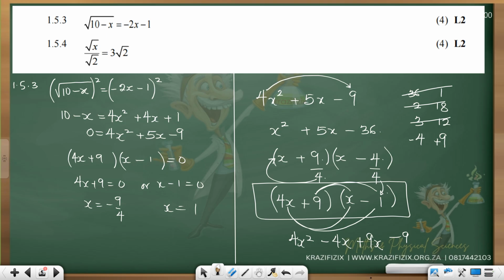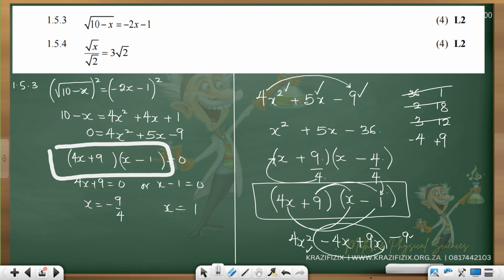Minus 9. Beautiful. Now, do you notice that these are like terms, right? Yes. What is 9x minus 4x? Positive 5x. So that's positive 5x. Our negative 9 is there. And our 4x squared is there. Thank you. So that's what we did here. And we have our factors.